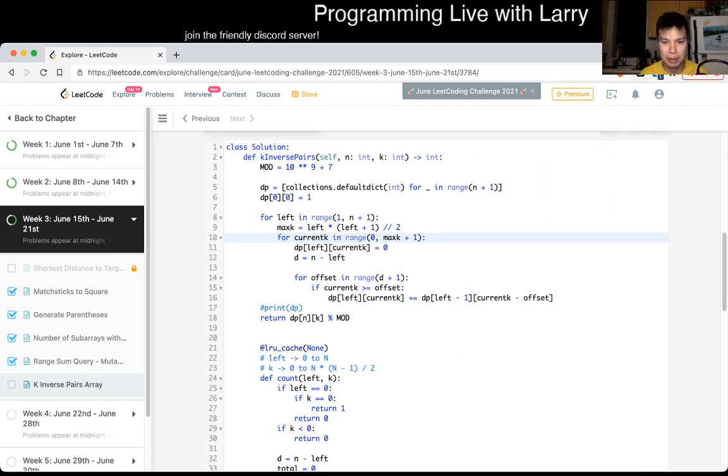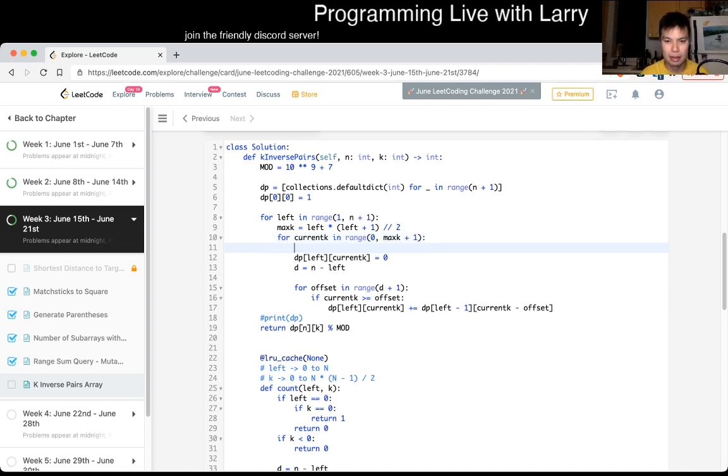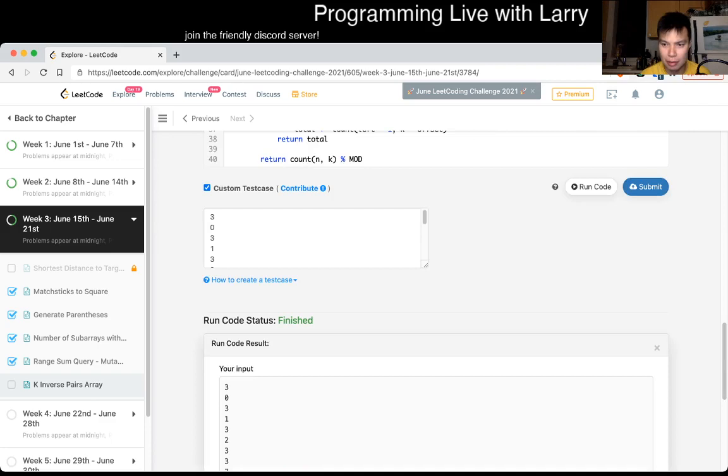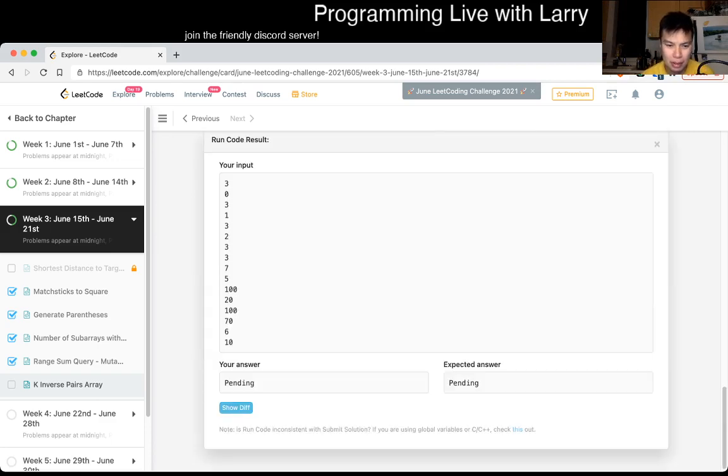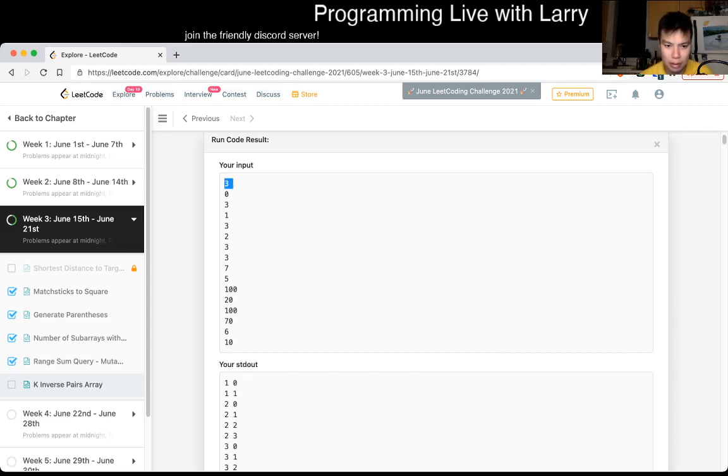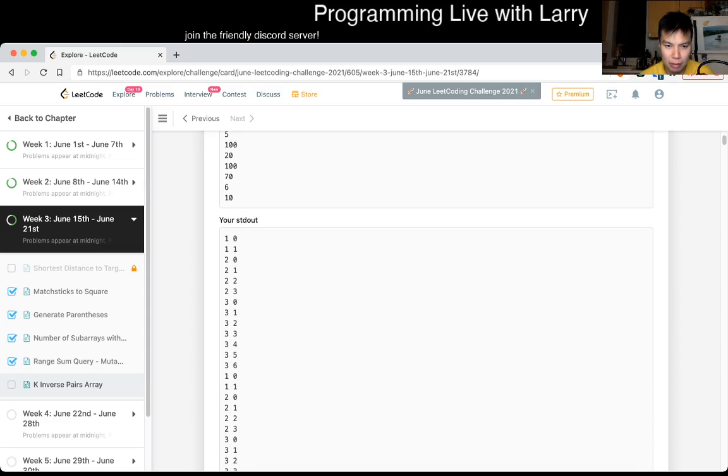Am I just being that dumb today? I want to know what my inputs are. For 3 it's 0. For 1 it goes 1 0 1 1, that's good. 2 3, that's good. 4 goes up to 6, that's right. So why is this wrong?